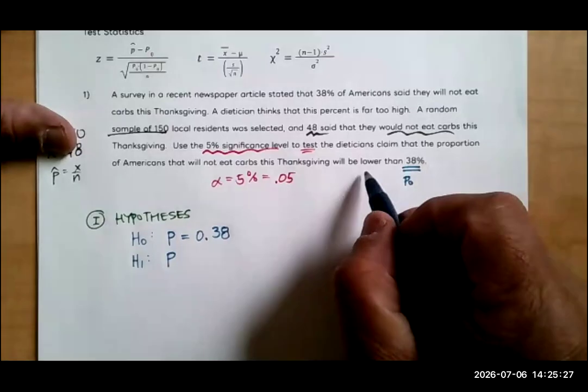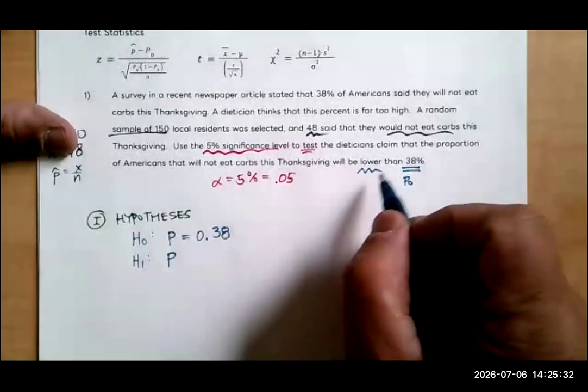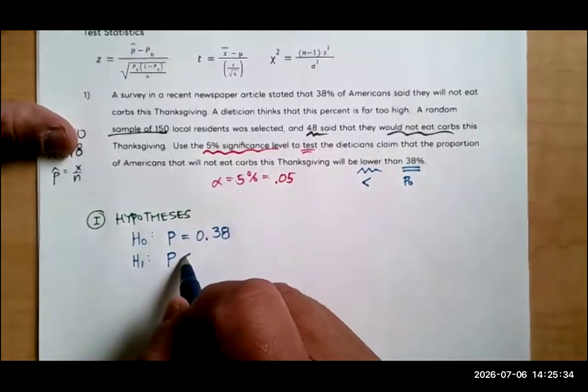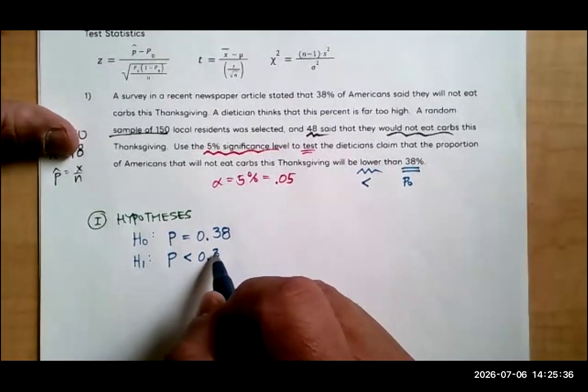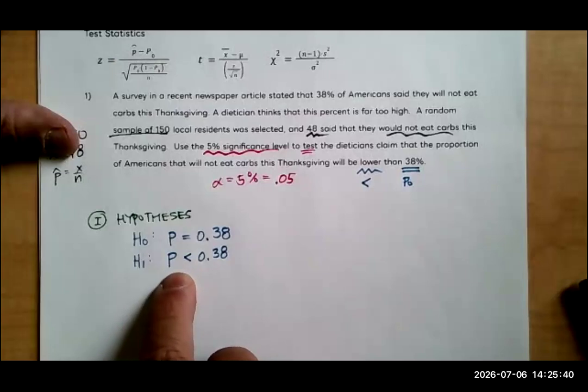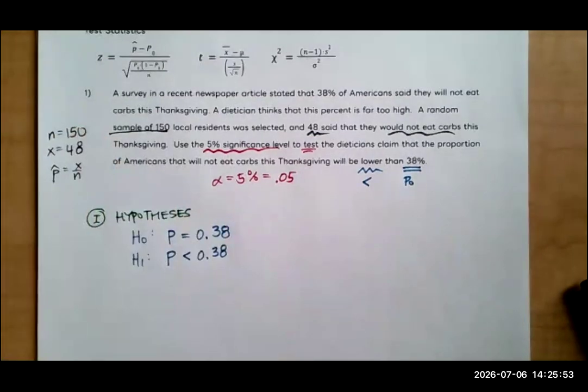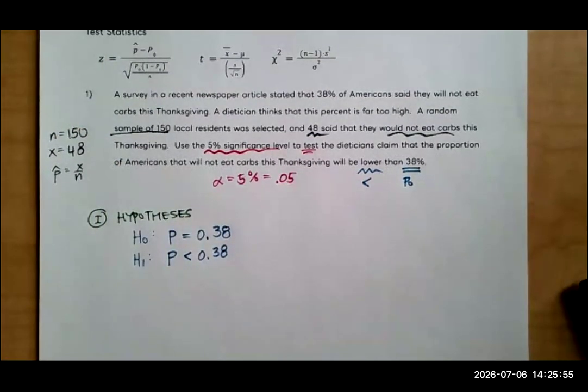But now they think that it's going to be lower than that 38%, less than, right? So this alternative hypothesis is that that proportion should be smaller than 0.38. The common habit in rounding proportions is to keep 3 decimal places, okay? Which is going to show when we start to deal with our test statistic next.